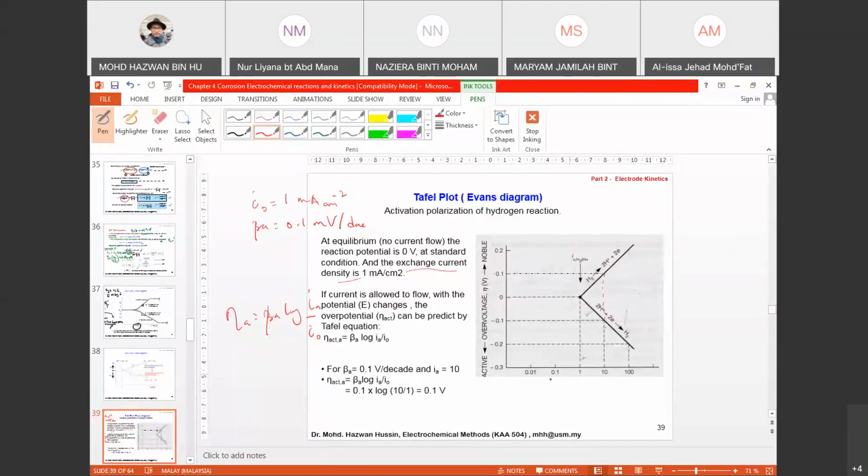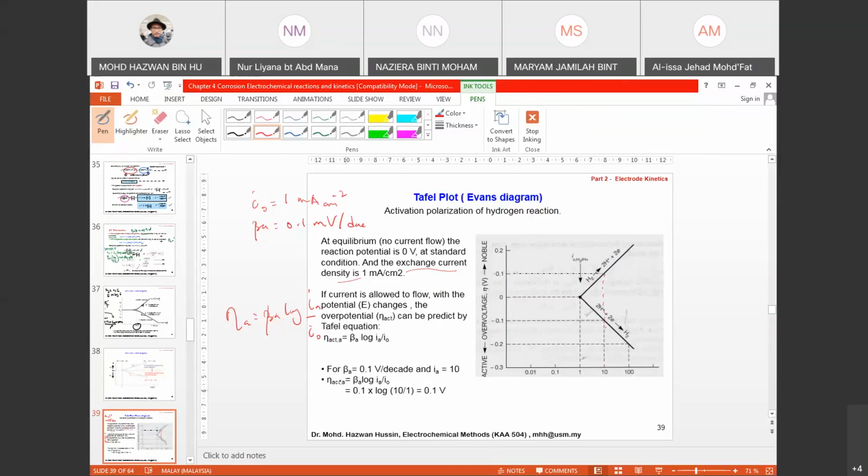So I just repeat, earlier on, we said that the anodic current density is equal to 10. So what would be the beta A value? Over here, you get a value equal to 0.1 volt per decade. And if you also want to calculate beta C, the value will be minus 0.1 volt.